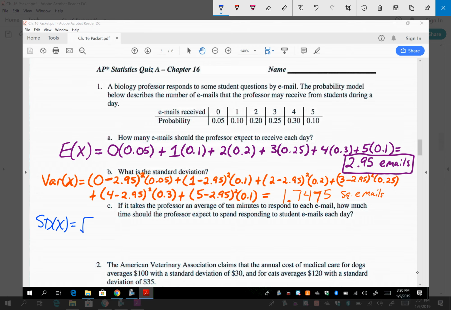The square root of 1.7475. What is the square root of 1.7475? 1.321. So 1.32, we rounded? Yeah. And what's the units for this one now? Emails. Very good. That is the standard deviation.